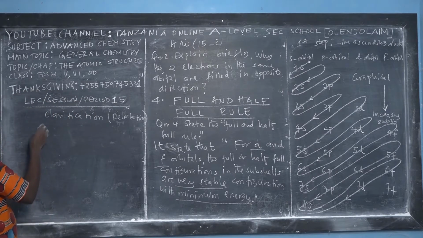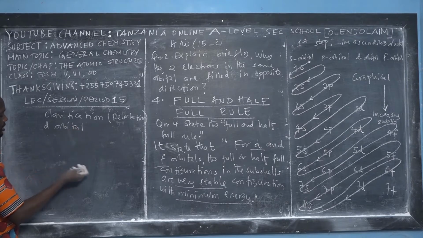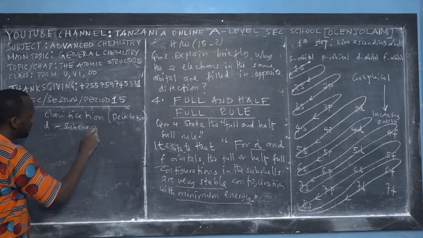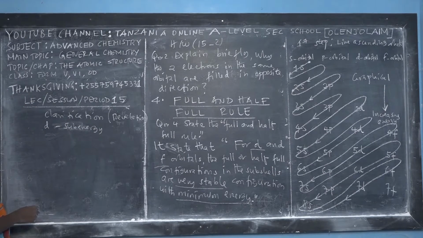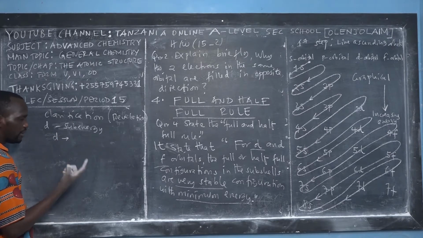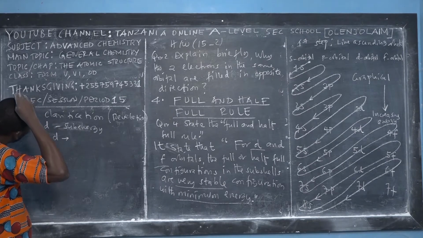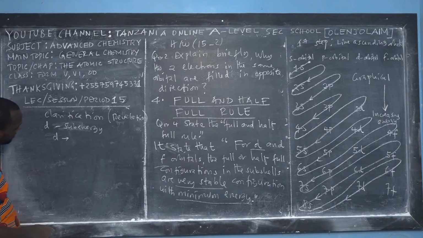Good. Let us start with D orbital, or D sub-energy level. So let us refer to the previous lecture. How many orbitals does a D orbital have?